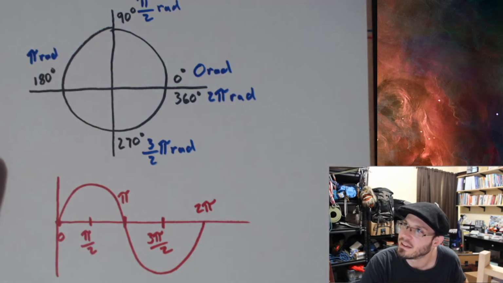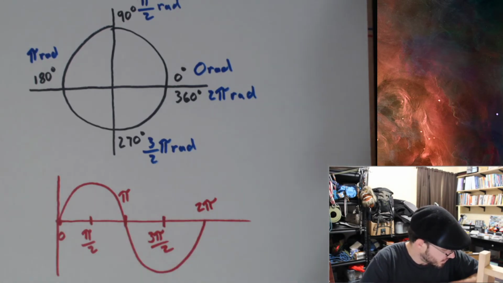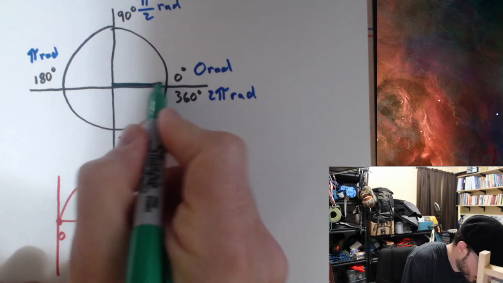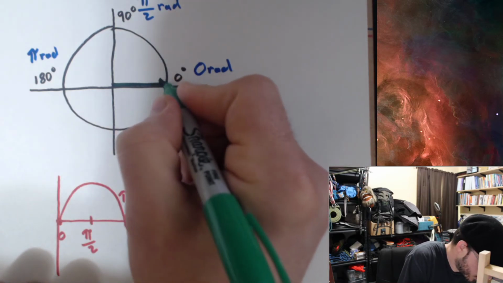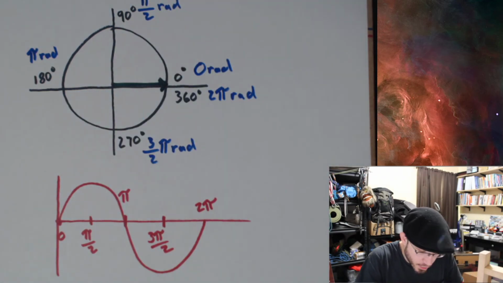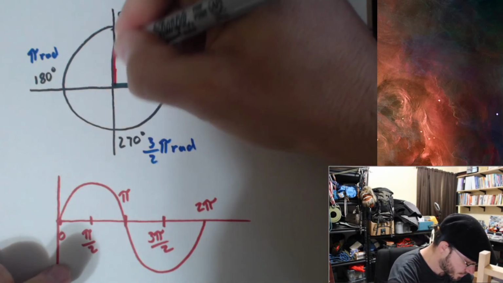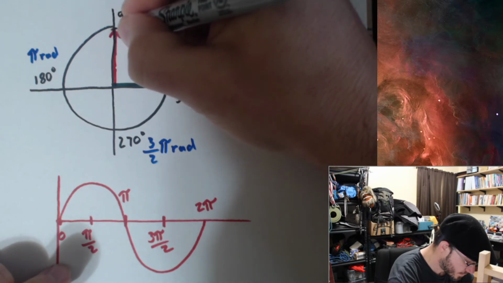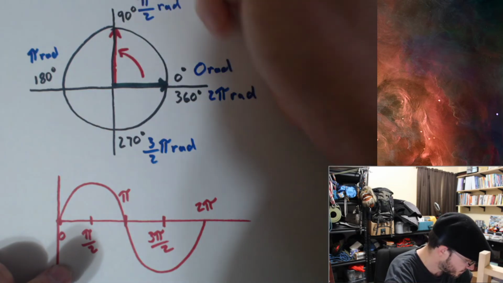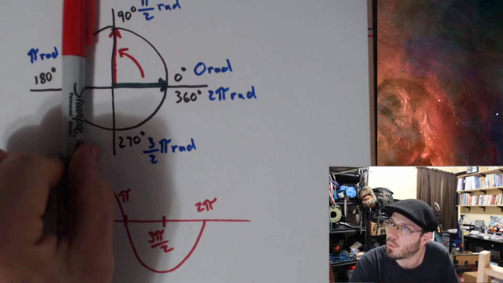And if we take our circle and draw a vector, and if we let this vector rotate, we have just started to create our sine wave, right?